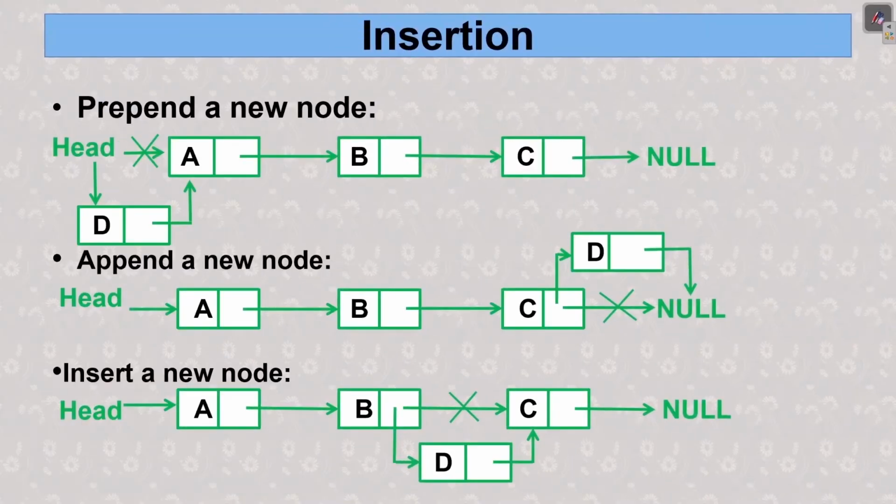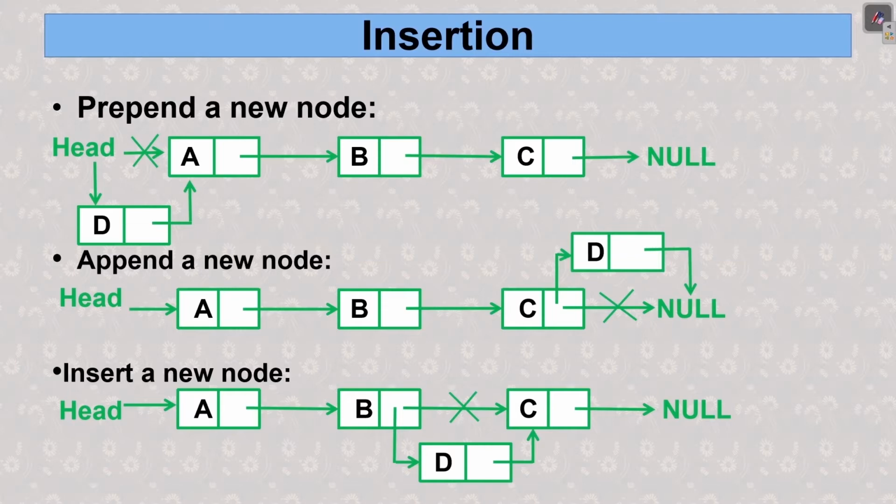Then let's look at some insertion operations. We can insert a new node in three ways. First of all, prepend a new node. We can add a node at the beginning. This is called prepend, right? So we have a linked list of nodes A, B, and C. We want to add a new node D at the beginning, right? So what do we have to do?